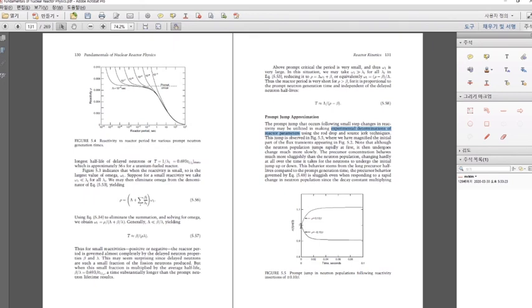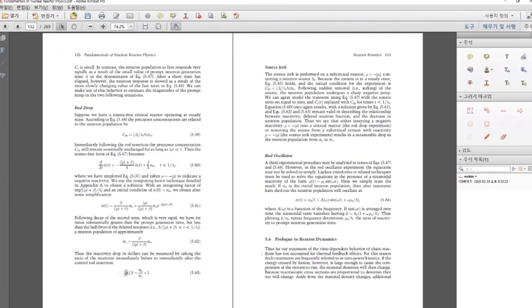By suddenly inserting the control rod, the power will suddenly decrease. If we compare the two ratios, we will be able to find out their worth, how such control rods affect the reactivity of the reactor.